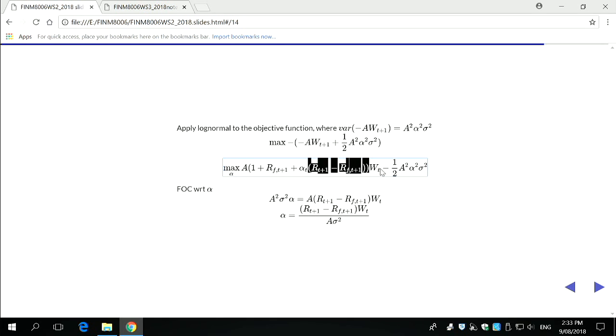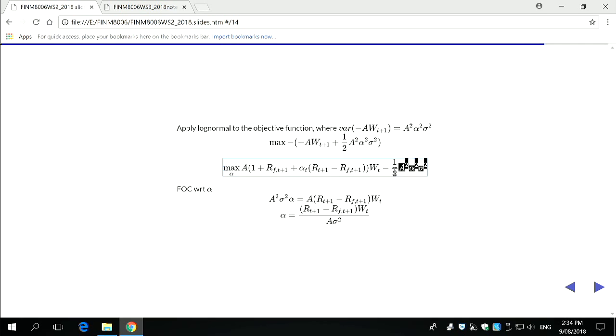So for this term, I have A, it's still there, as the coefficient before: A times R_{t+1} minus R_f, that's the risk premium part, and I have W_t, that's the coefficient before alpha. The coefficient on the second term, the half is canceled out, right?